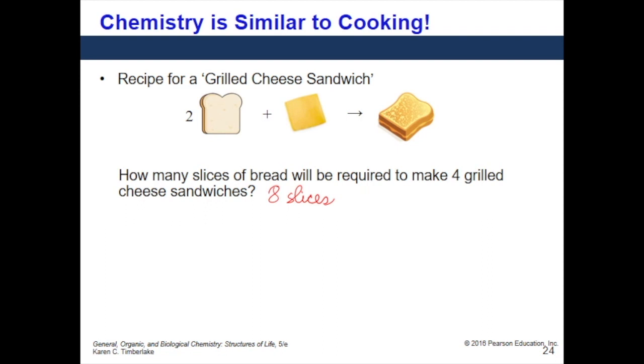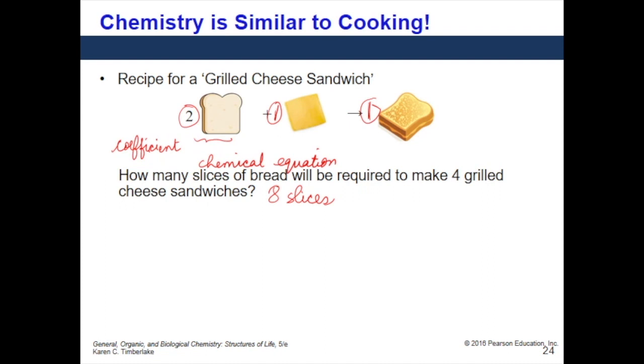The chemical reaction is we combine 2 slices of bread and 1 slice of cheese to get 1 grilled cheese sandwich. The numbers that you see written in front of these are the coefficients that you see in a chemical reaction, and the recipe that you see right here is basically our chemical equation.